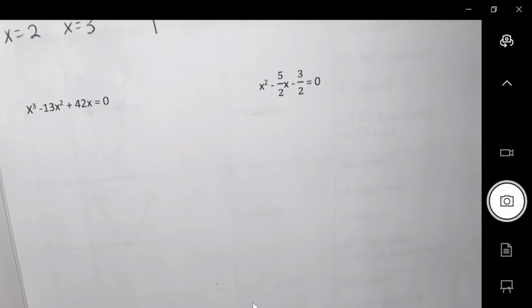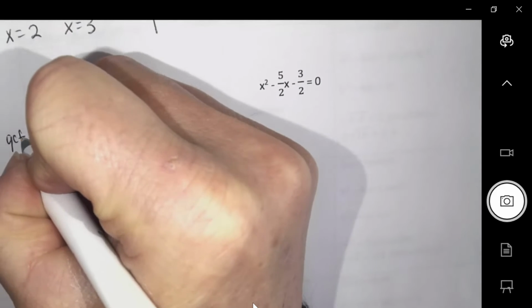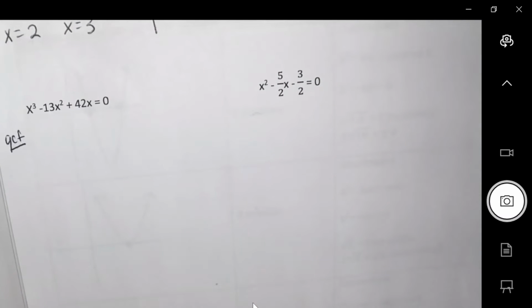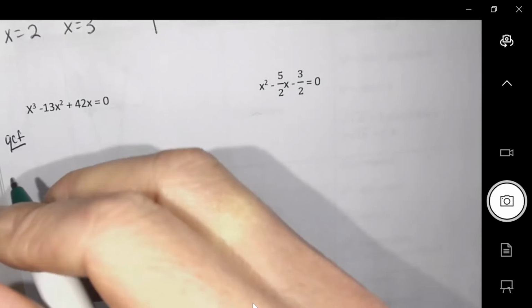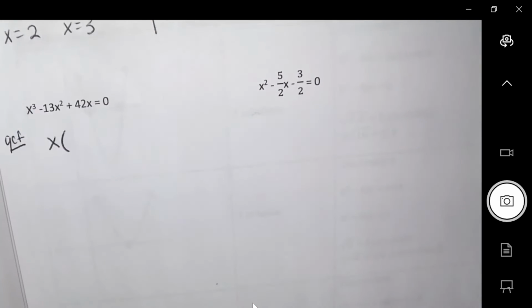Well, GCF because it's x. I see a GCF. GCF is actually the one I always look for first, just to see, do I have a GCF? If I do, that's always the first to be done. So I think I heard somebody say every term has an x in it. That's the common part.